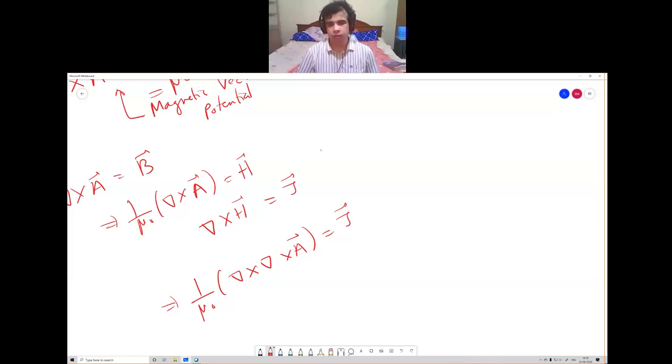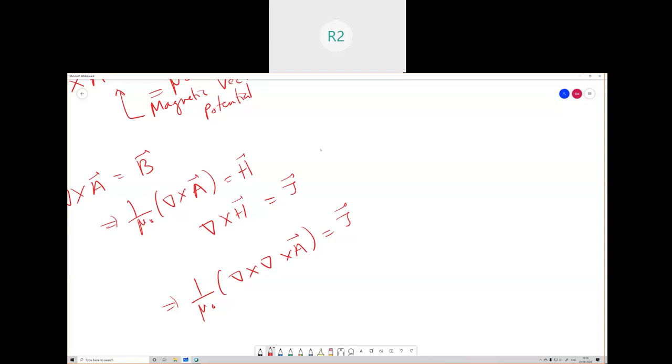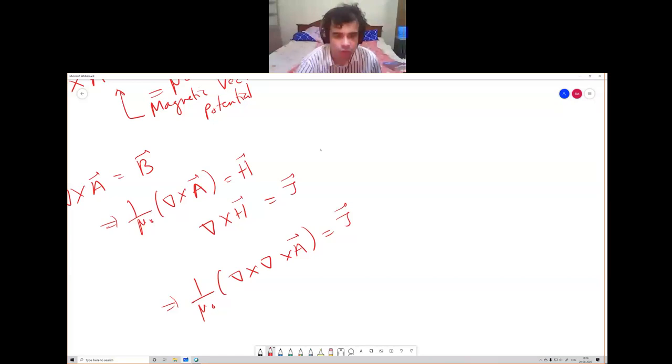Is it correct or not? Is it okay or not? Curl of curl of A is equal to mu naught J.